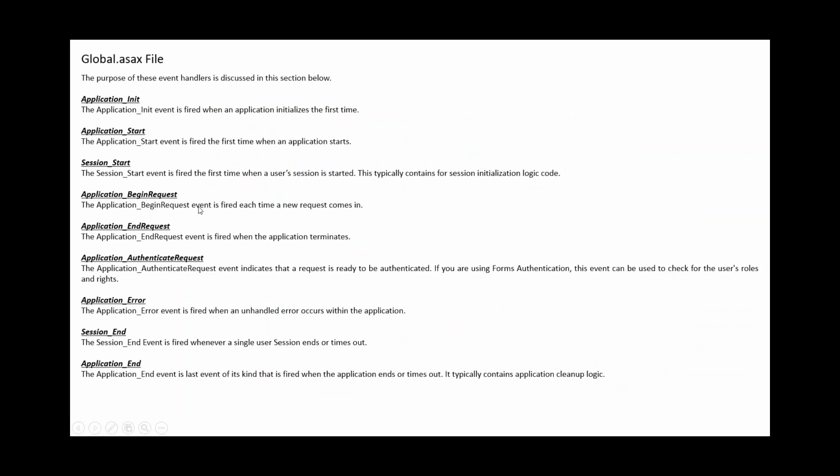By default, whenever your application starts running, it will handle some events. All the application level events will be handled by your global.asax file. The purpose of this event handler is discussed in the sections below. The main advantage of this, I will explain.